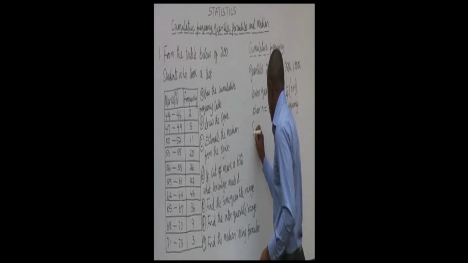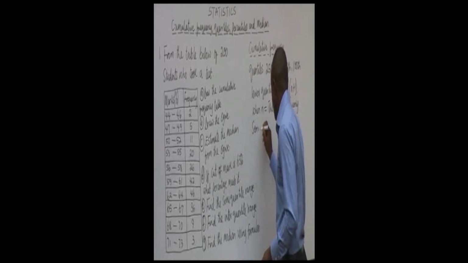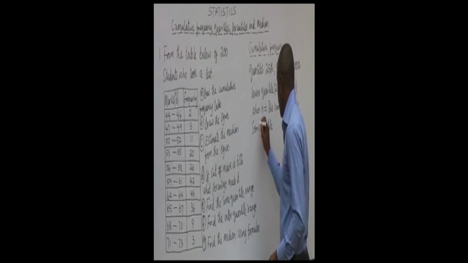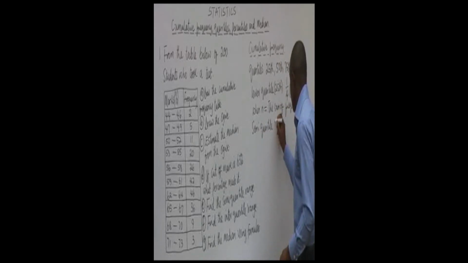That means you get the sum of the frequencies, add 1, and multiply by 1/4. Whatever you get is the lower quartile. The second is the semi-quartile, that is the 50th quartile.